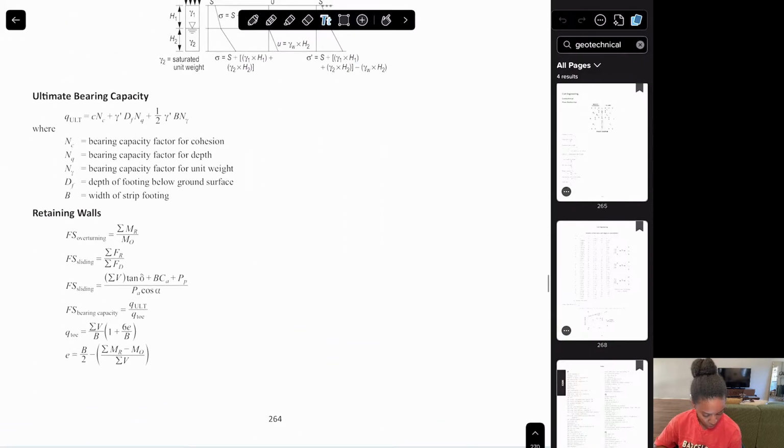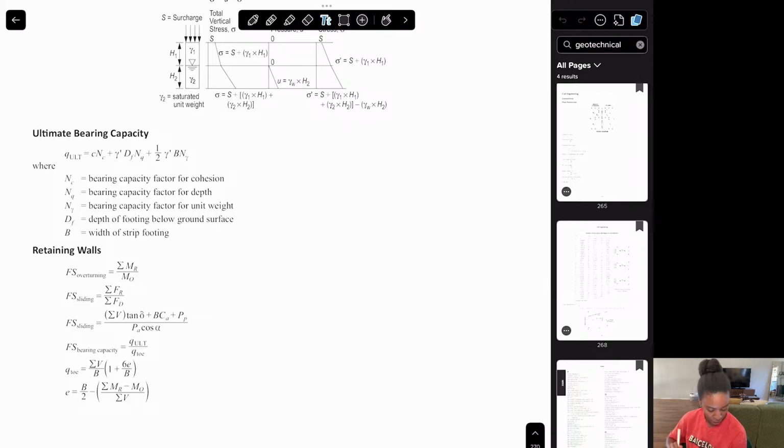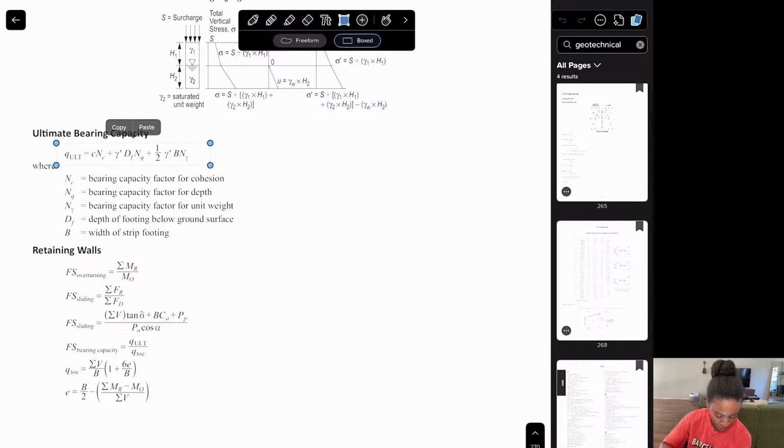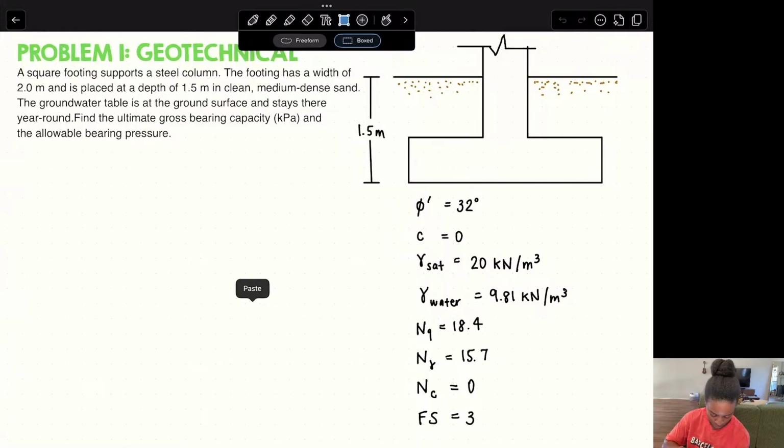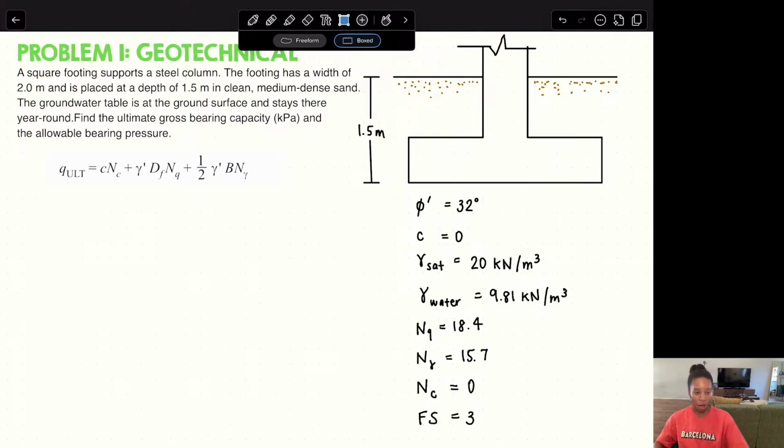The question is asking us to find the ultimate bearing capacity as well as the allowable bearing capacity. So we're going to be using this ultimate bearing capacity equation. I'm going to take a snip of that. Alrighty. So the ultimate bearing capacity is going to be equal to all of these very fun variables.